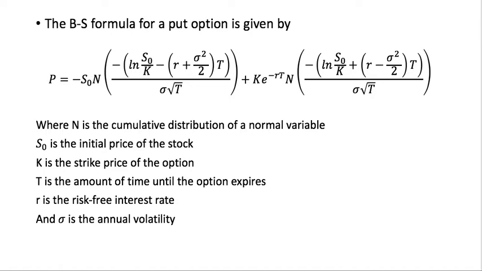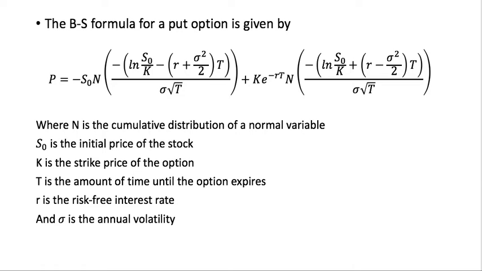N is the cumulative distribution of a standard normal variable. Essentially, whatever value we get within the parentheses, we take the probability of getting that value or to the left. So if you get 1 as the value inside the parentheses, the probability of getting 1 or to the left would be about 0.84.